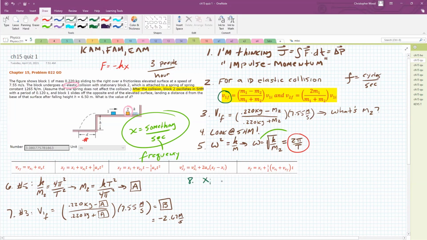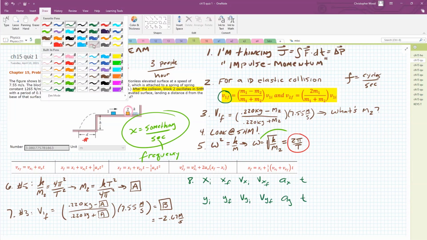X initial, X final, Vx initial, Vx final, A sub X, and T. Two-dimensional kinematics means I have an X dimension and a Y dimension. Y initial, Y final, Vy initial, Vy final, A sub Y, and T.